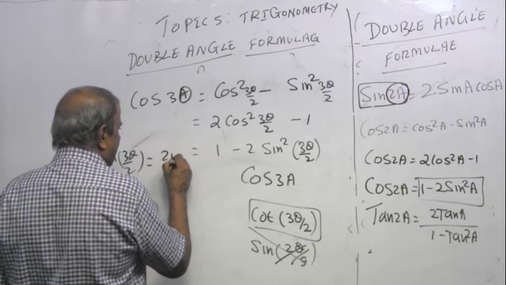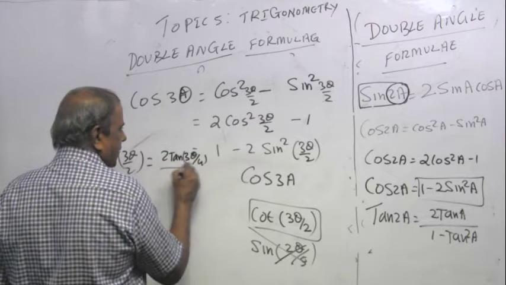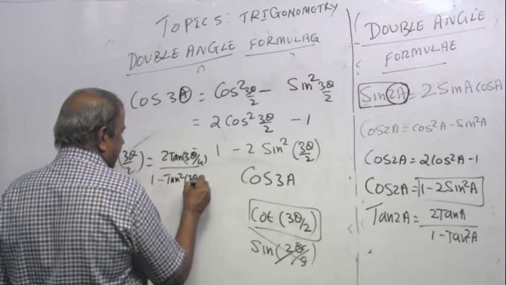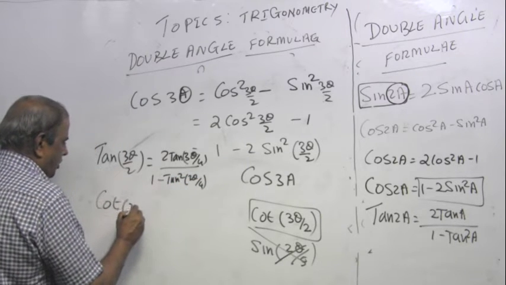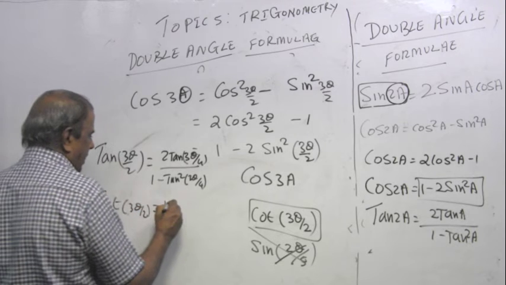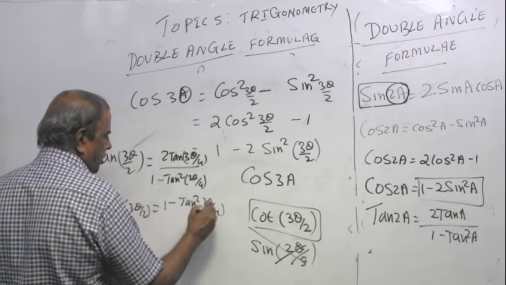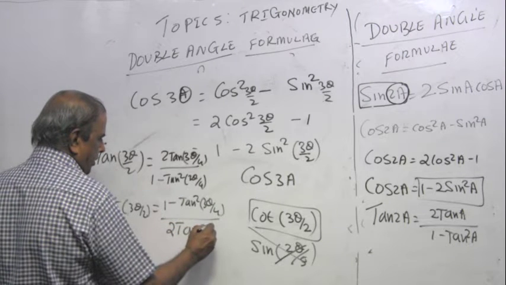So it is 2 tan 3 theta over 4 divided by 1 minus tan squared 3 theta over 4. That is tan. So what is cot 3 theta over 2? It will be 1 minus tan squared 3 theta over 4 over 2 tan 3 theta over 4.